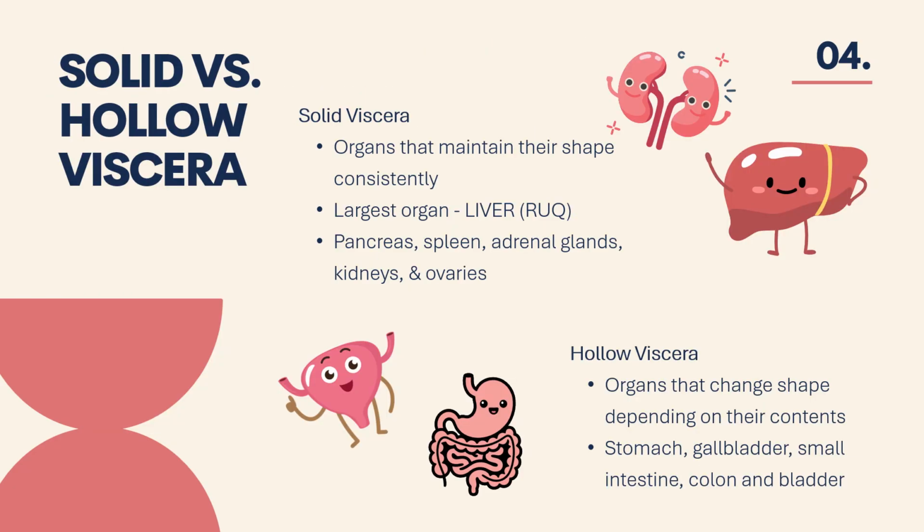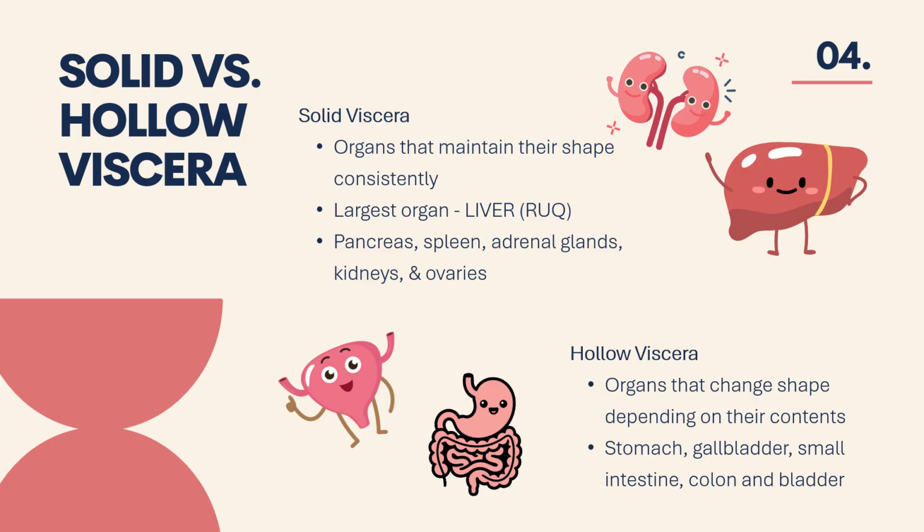So then we jump into what is a solid versus a hollow viscera. So a solid viscera, that simply means that the organ itself maintains a consistent shape because essentially it's a solid structure. So typically it's going to always maintain the same form regardless of what the contents are.